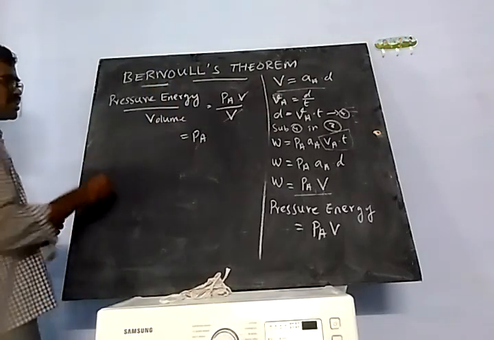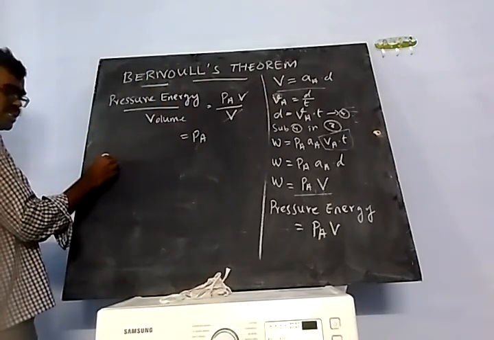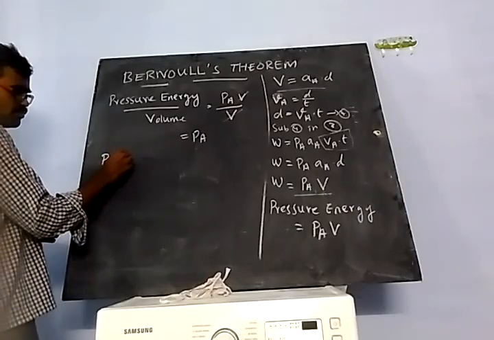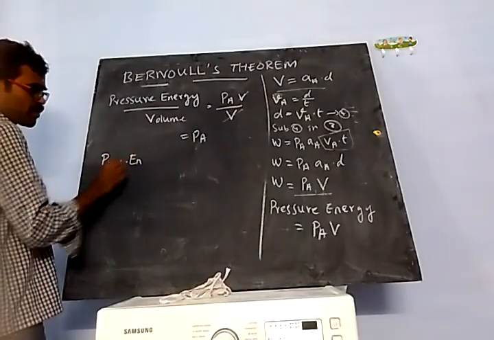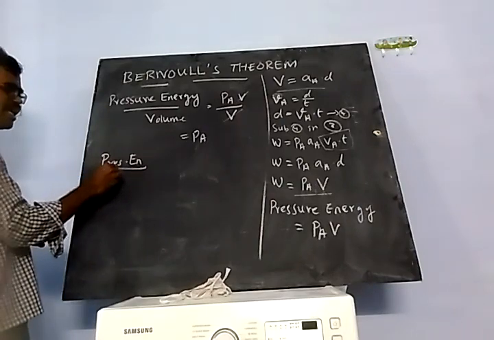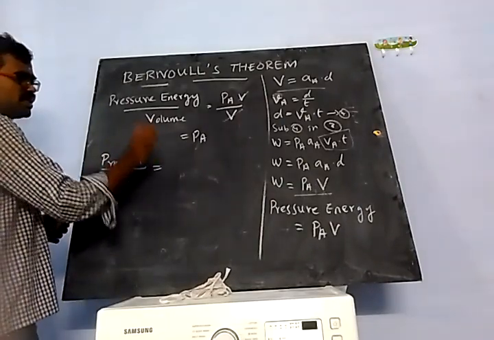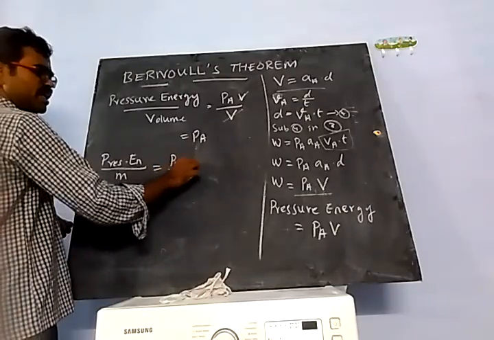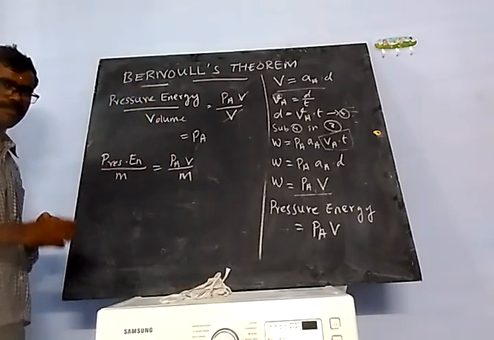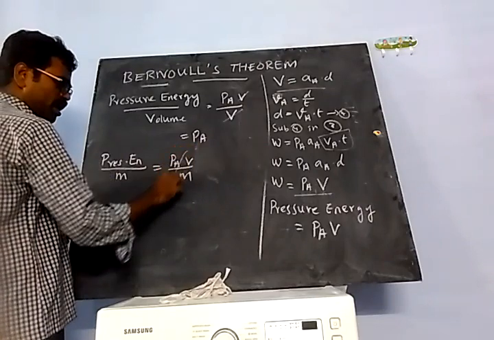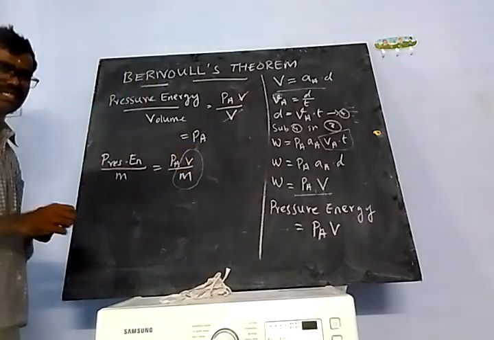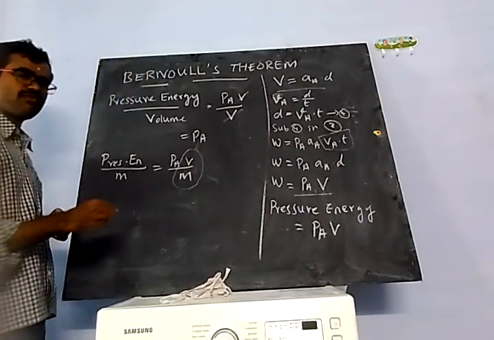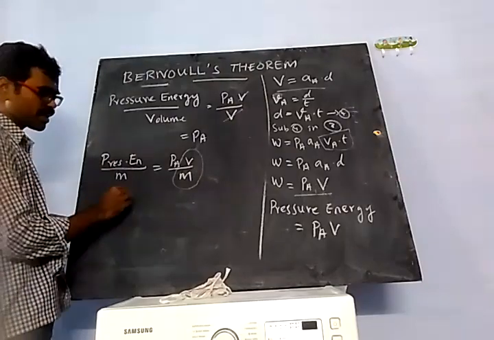Then next, pressure energy per unit mass is equal to P_A volume V divided by mass m. So here, volume divided by mass. What is the formula for density?